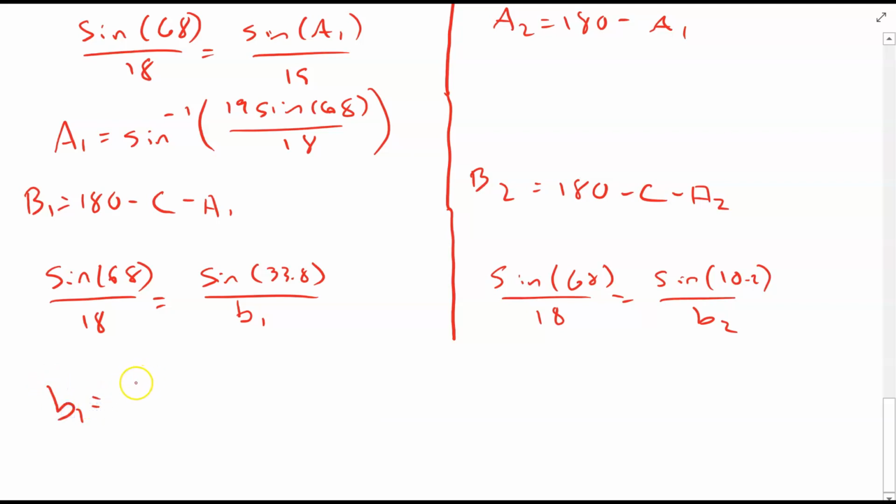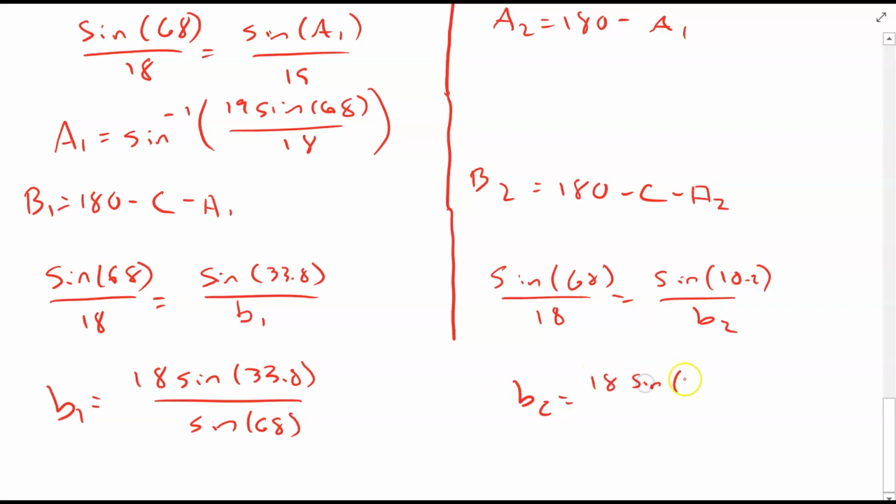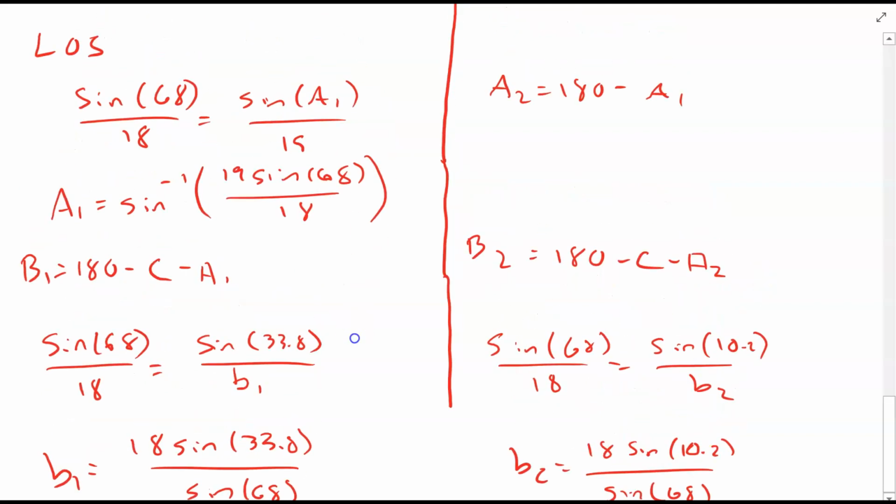If I cross multiply and divide, I get the values for each of these. And so I get here 10.8 and then 3.4.